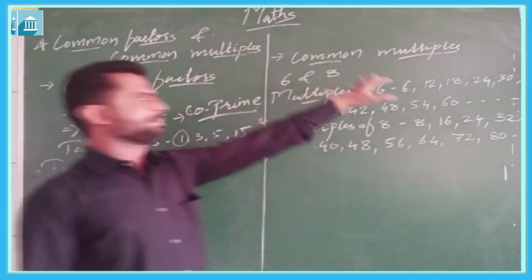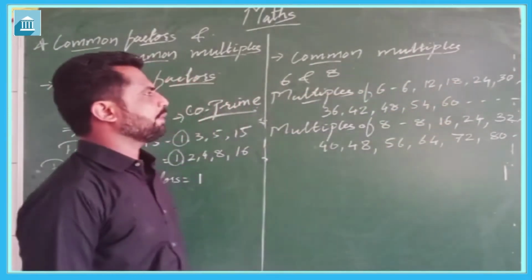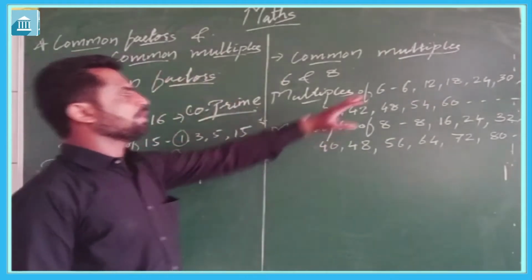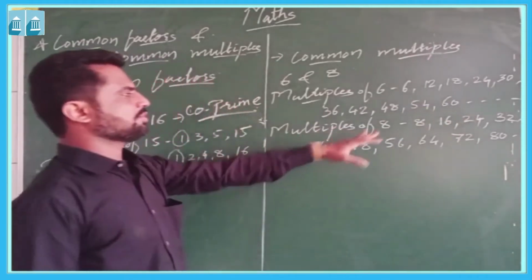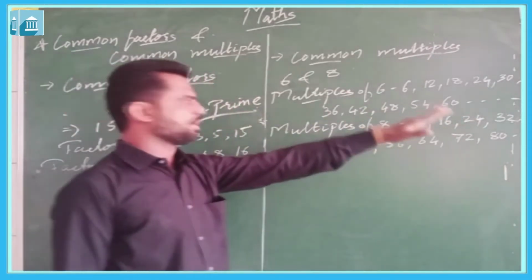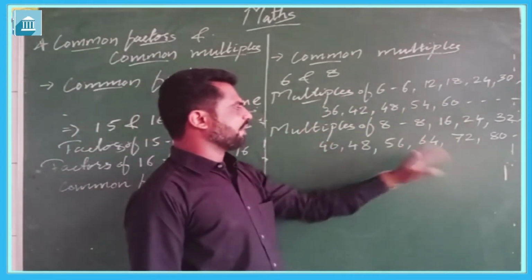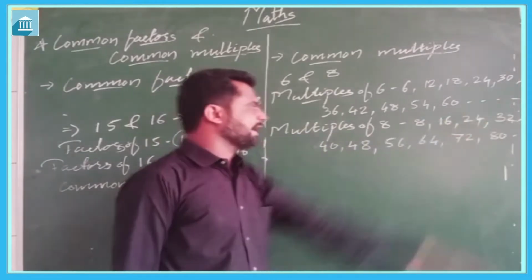Now these are the multiples of 6: 6, 12, 18, 24, 30, 36, 42, 48, 54, 60 and so on. Multiples of 8 are 8, 16, 24, 32, 40, 48, 56, 64, 72, 80 and so on.